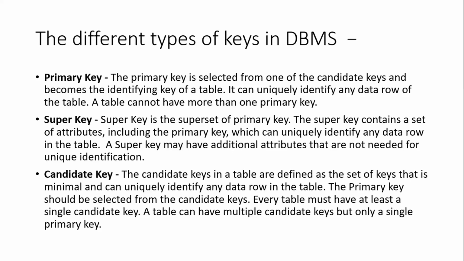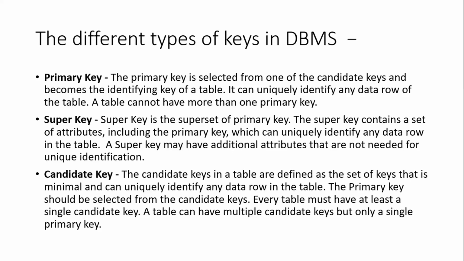So whether it is a primary key, super key, candidate key, whatever it is, it has to uniquely identify a row in a table. Listen carefully and be thorough with these concepts, because the next topic after integrity constraints is normalization, and these keys will be very important in that particular topic.